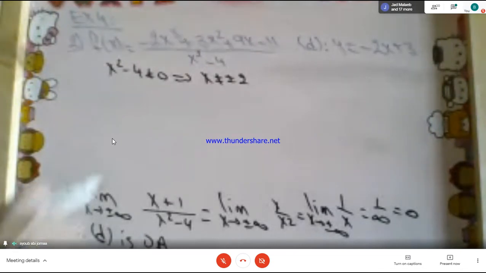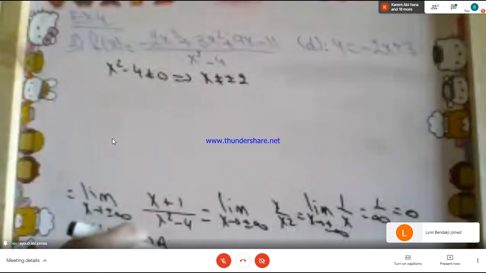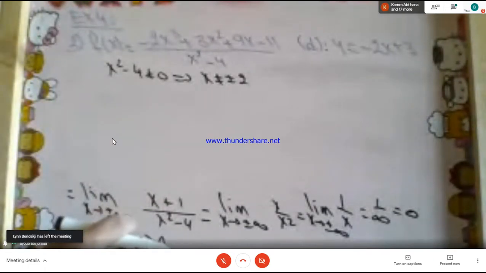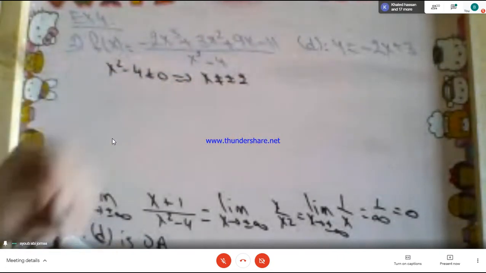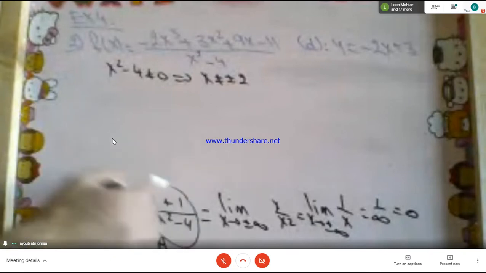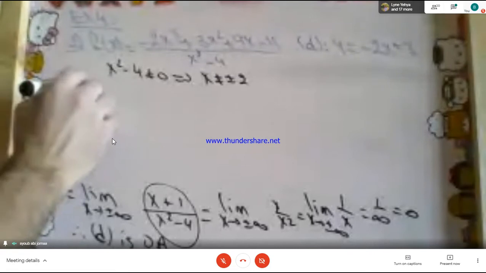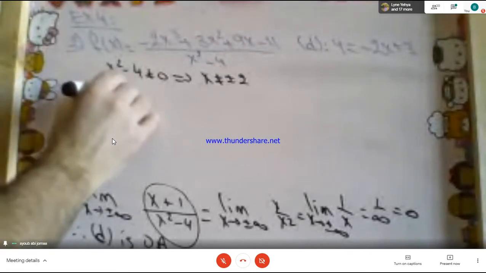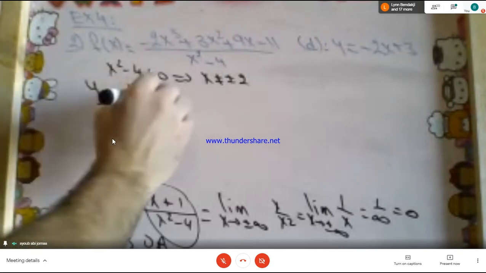Anyway, in order to find the relative positions of the line and the curve, what you have to do here is study the sign of the function minus the line, which is y curve minus y line.